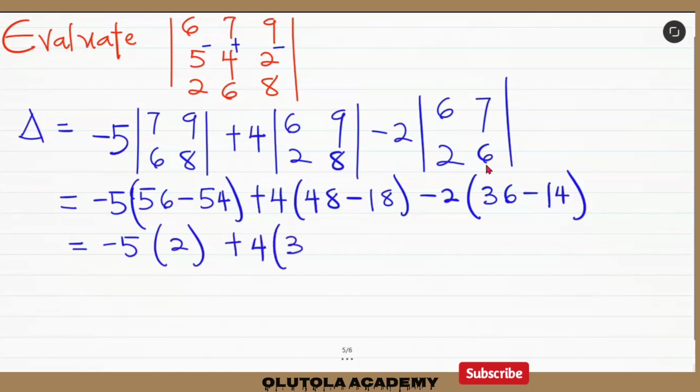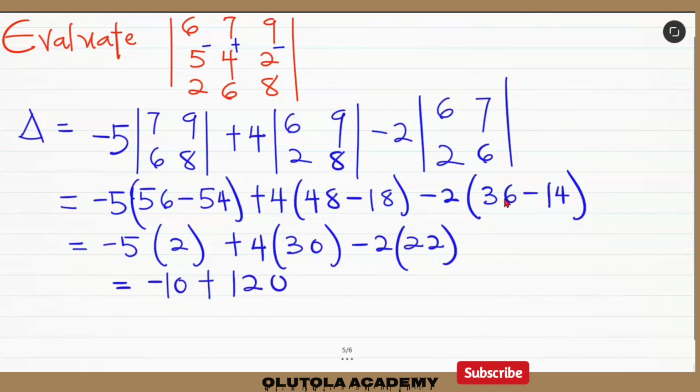This will give us 30. That's 48 minus 18. Then I have negative 2, and this will give us 22. This will get us negative 10. This will give us 120, and this will give us 44.